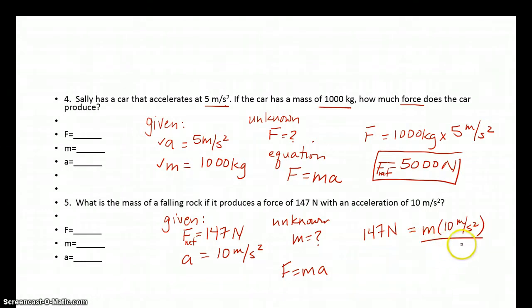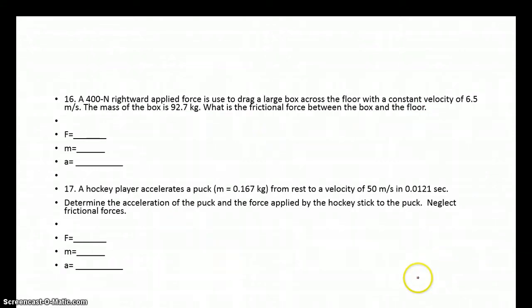So to isolate my variable, I divide each side by 10 meters per second squared. These cancel out, and my mass is 14.7 kilograms. Okay, so these are sort of the very straightforward problems. These will be able to get you between a 7 and an 8. But now let's go for some of the more complicated problems, 16 and 17.